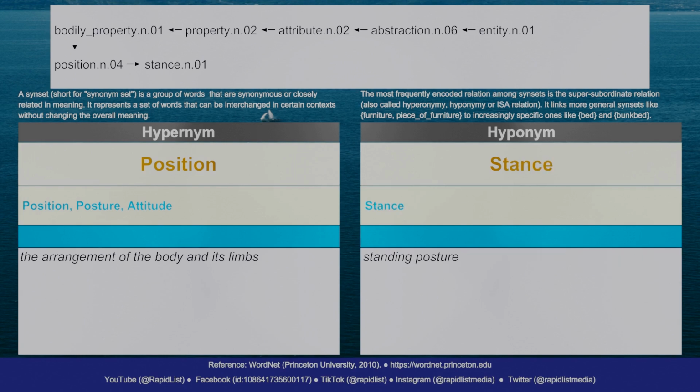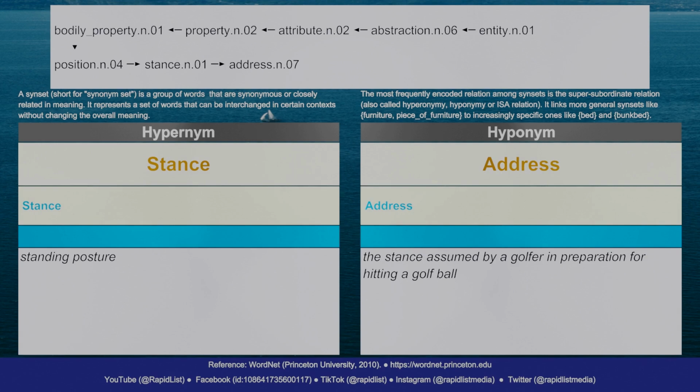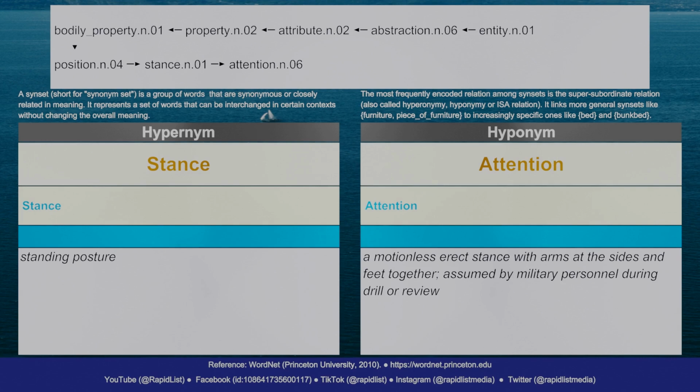Stance. Standing posture. Address. The stance assumed by a golfer in preparation for hitting a golf ball. Attention.